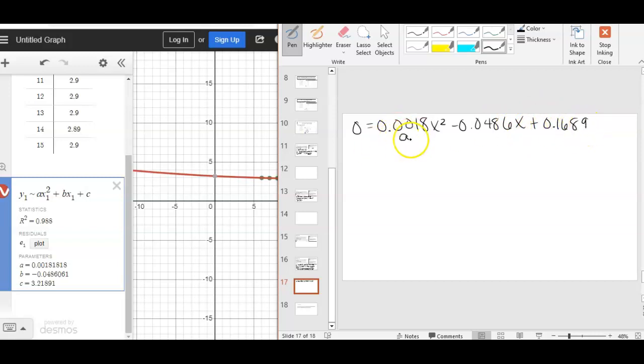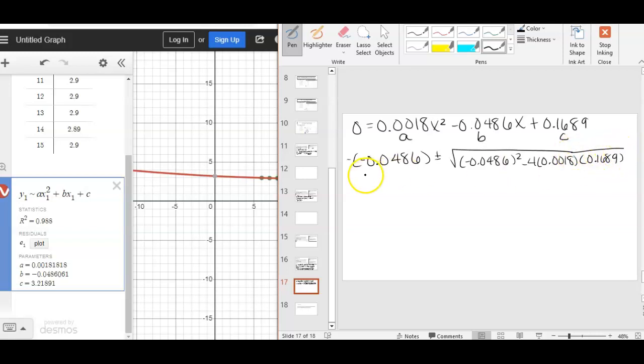Okay, so remember, this is my value of A, this is my value of B, and this is my value of C. So if I go now to my quadratic formula, I have negative of negative 0.0486 plus or minus the square root of negative 0.0486 squared minus 4 times 0.0018 times 0.1689. Okay, and that's all over 2 times 0.0018.